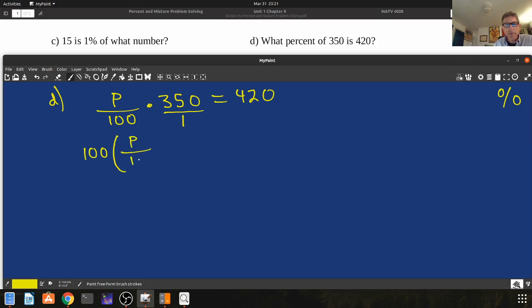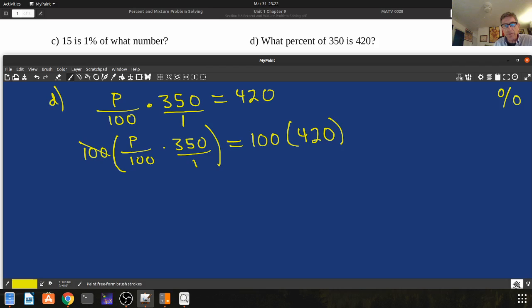That's the important thing, you have to multiply both sides times 100. You don't have to put it over 1 if you don't want to. The sooner you get used to not doing that, it's one fewer step you have to do.